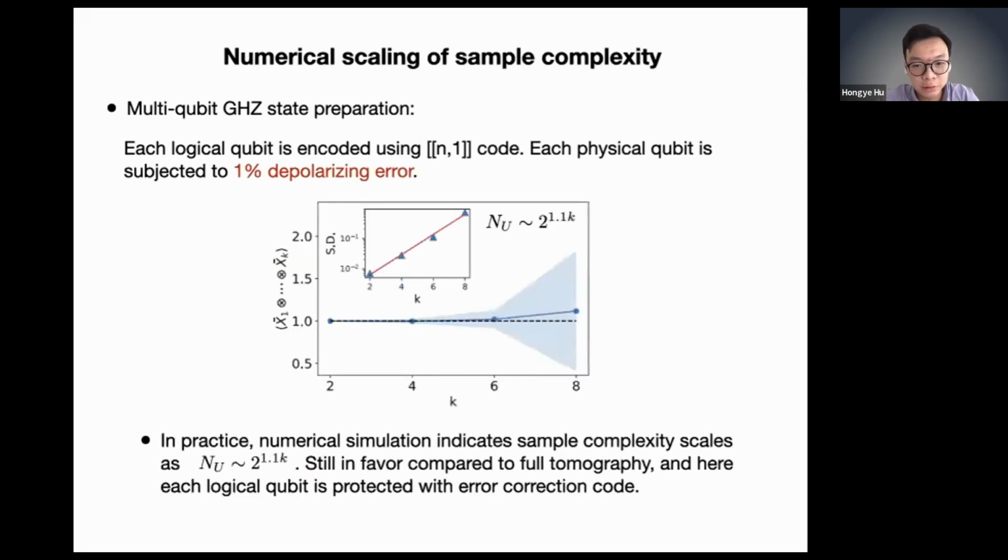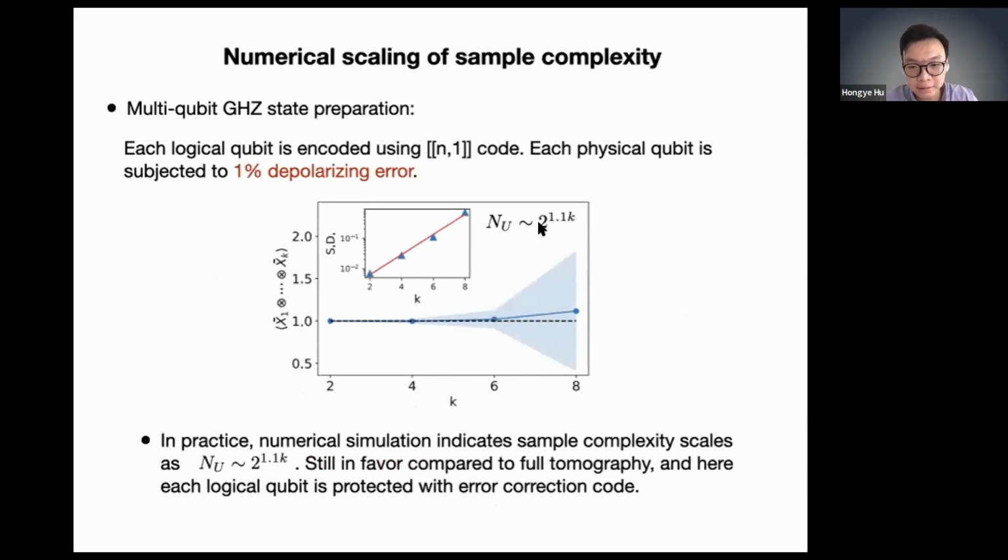In addition, we also tested the sample complexity scaling with respect to the number of logical qubits. Here we encode 1 logical qubit with 5 physical qubits, and we increase the number of logical qubits. And as we see, indeed, the error bar or the standard deviation increases as we increase the number of logical qubits, as we expected.